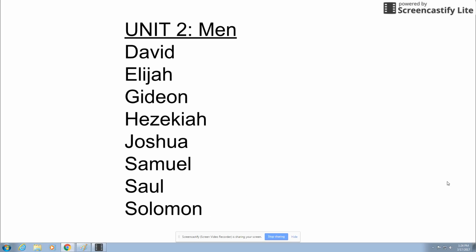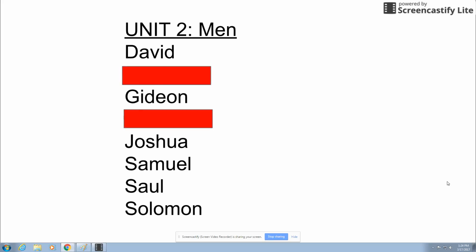Same thing with the men. I have gotten rid of a few of the male characters I originally thought I was going to cover, notably King Hezekiah and the prophet Elijah. David, Gideon, Joshua, Samuel, Saul, and Solomon. And just a little heads up, some of those characters might appear more than once in that test section.